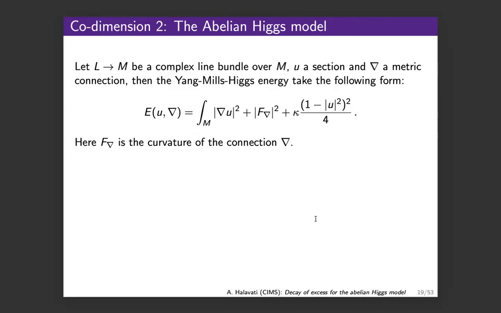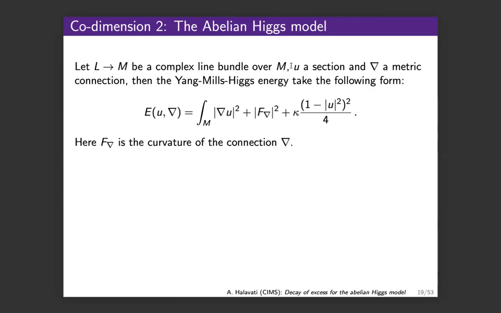A complex line bundle is basically a twisted Cartesian product of some manifold with the complex line, or complex numbers, right? And what do I mean by a twisted Cartesian product? In the same sense that the Mobius strip is a twisted Cartesian product of R times S1, right? So locally, you are actually a Cartesian product, but not globally.